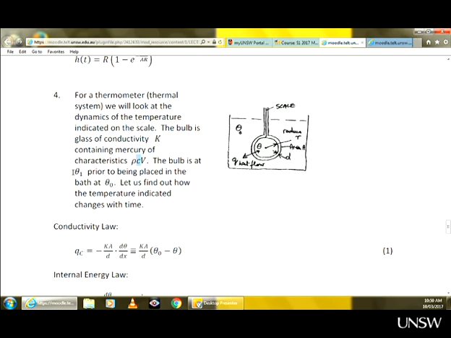Theta1 is the temperature outside this. So if this is a hot fluid of some sort, first the thermometer is held outside, in the atmosphere at temperature theta1 rather. And then it is placed into the bath, as they call it, where the temperature is theta O. Okay.